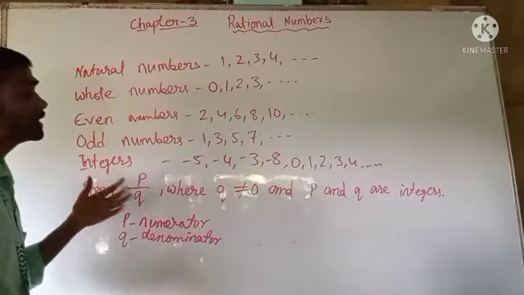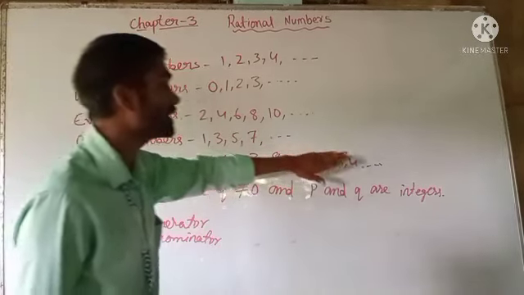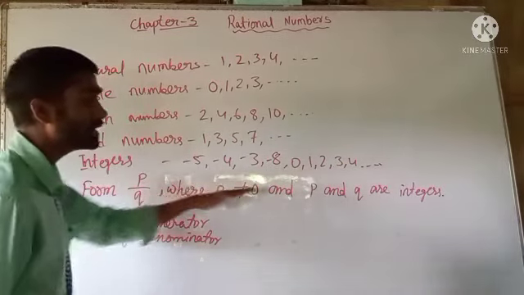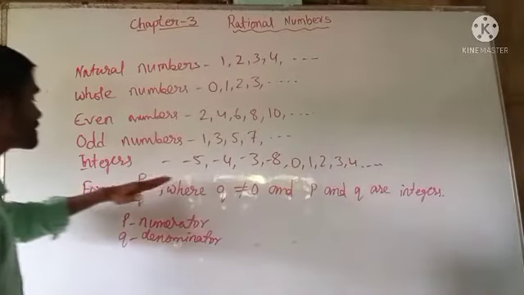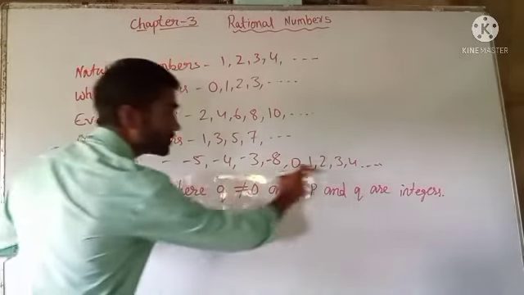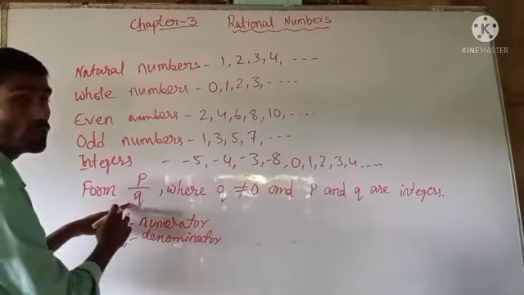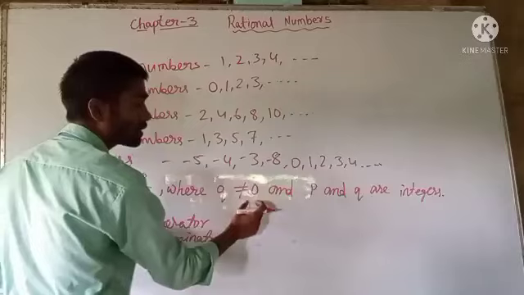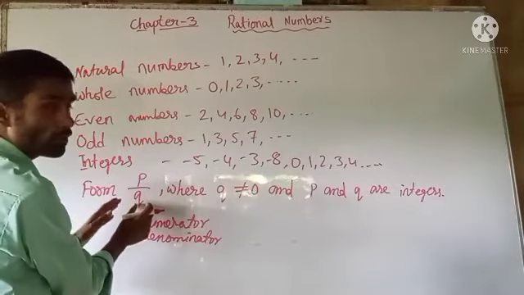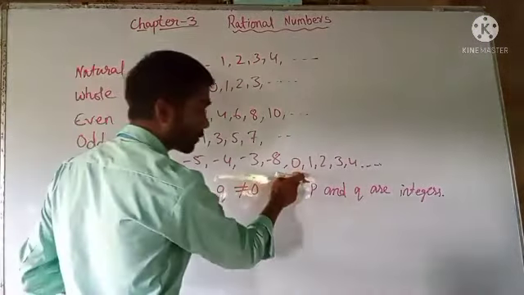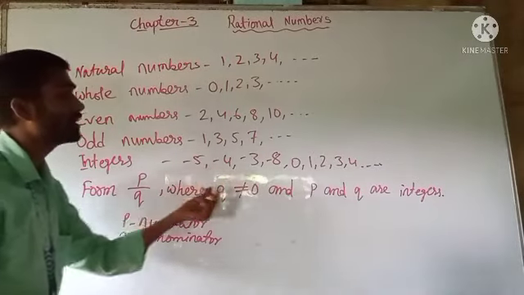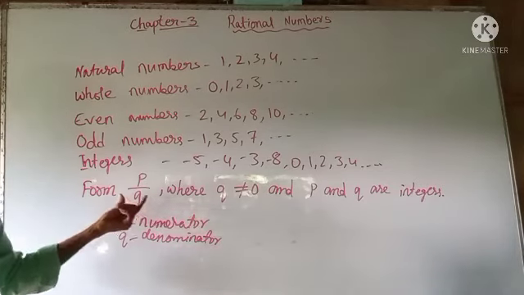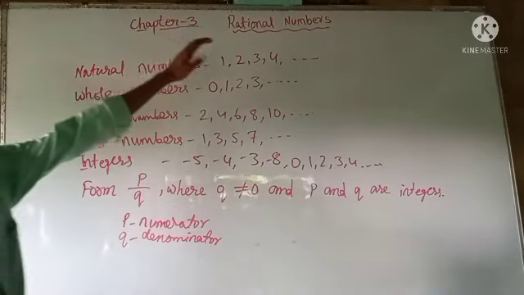P can be any integer, and q can be any integer, but it should not be 0. It can be minus 5, it can be 2, it can be minus 8, any value, but it should not be 0. That is the condition for a rational number.